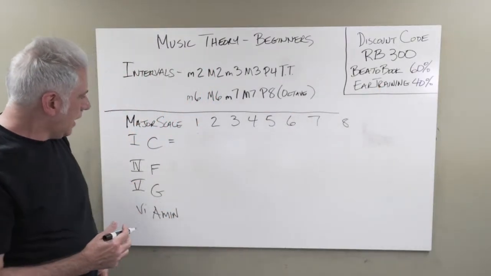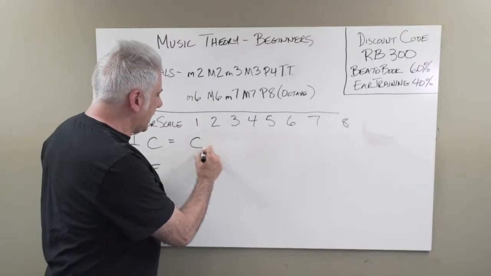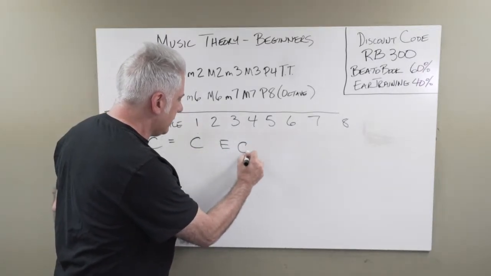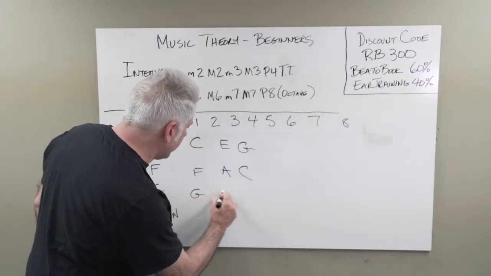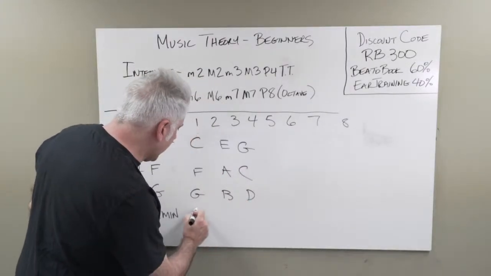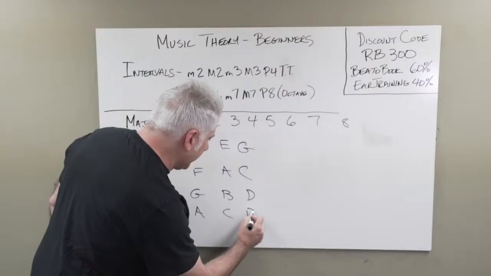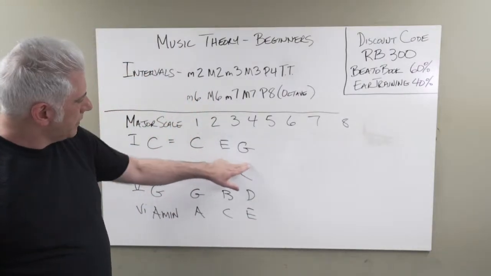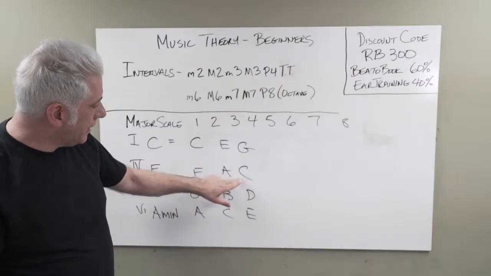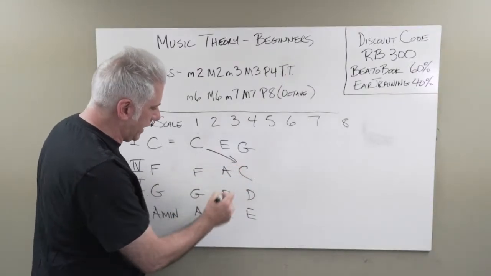Anyways, so a C major chord has C, E, G. F major has F, A, C. G major has G, B, D. A minor has A, C, E. Now, if you look at the chords and compare them, F major has one common note to C, right?